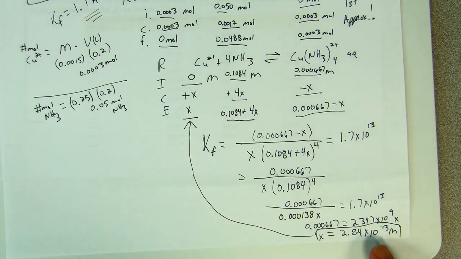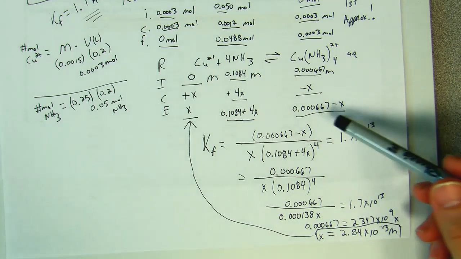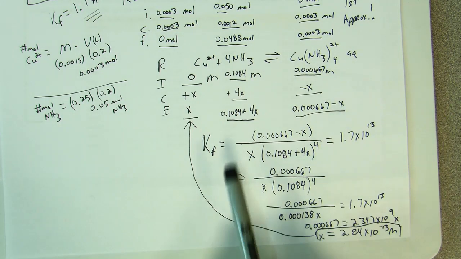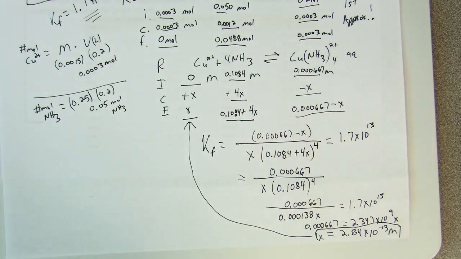Indeed, x was very small compared to this number and that number, so our assumption is going to work out just fine. And we have now solved for the equilibrium concentration of copper 2+ in this reaction system as we were instructed. So it's just an equilibrium problem.